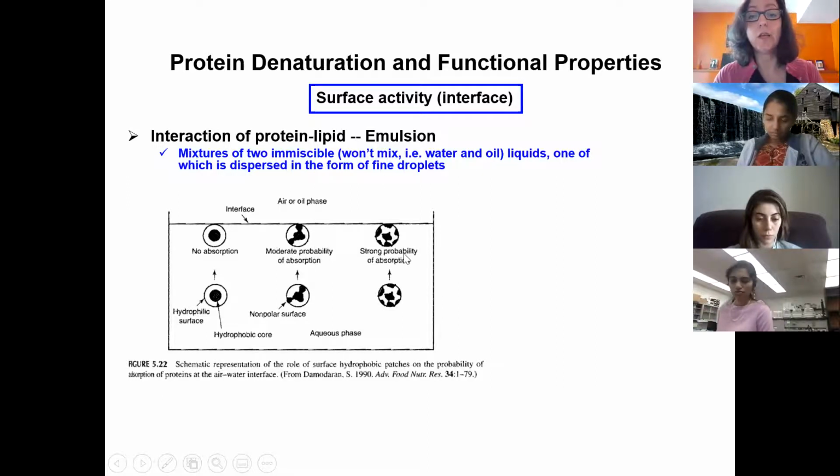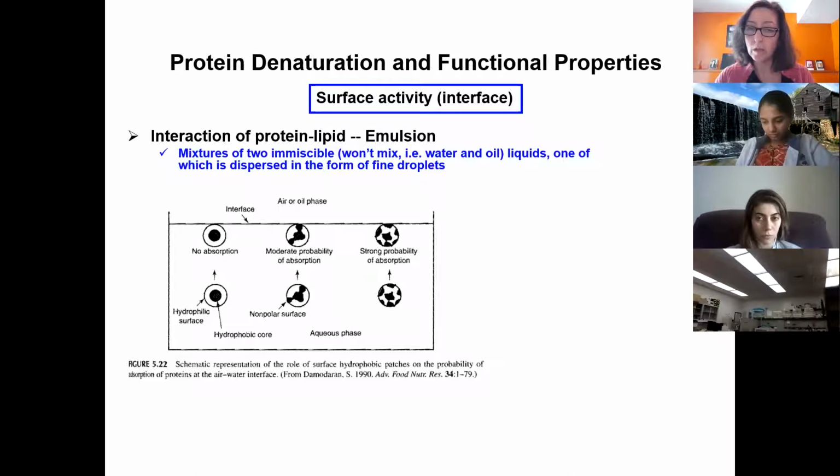So you see kind of like a well balanced balance between hydrophobicity and hydrophilicity. Then you have better adsorption and better reduction of the surface tension, because you have enough interactions with water and enough interactions with the non-aqueous phase to form a stabilized dispersed system.